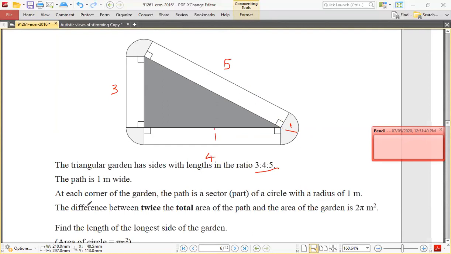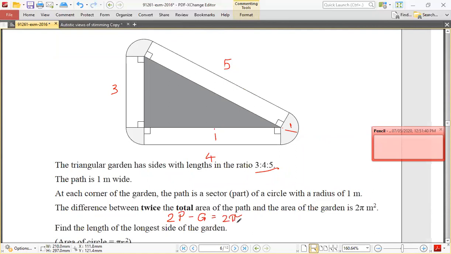And we're trying to find that twice the area of the path, or the difference between twice the area of the path and the area of the garden is that. So it's going to be 2p minus g is going to equal 2 pi.